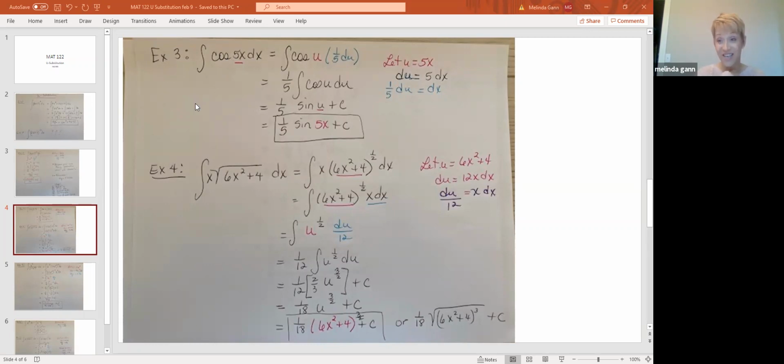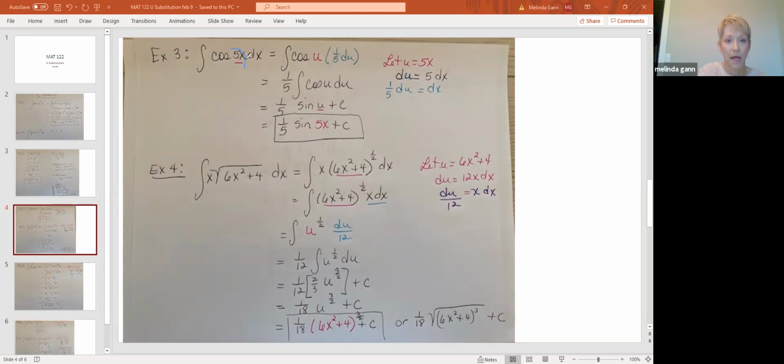So I wish I had a single letter for my angle. So that's what I do. I see the cosine of some angle, so I let u be my some angle. So then I'm going to take this 5x out.